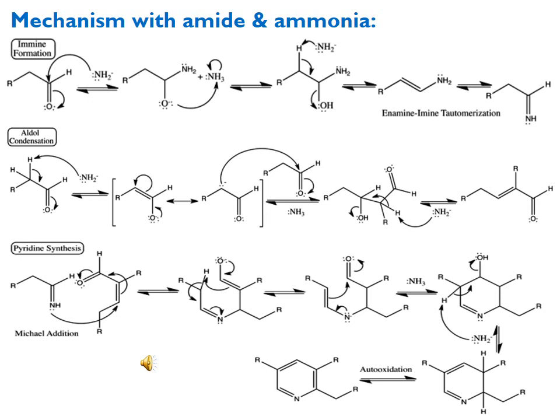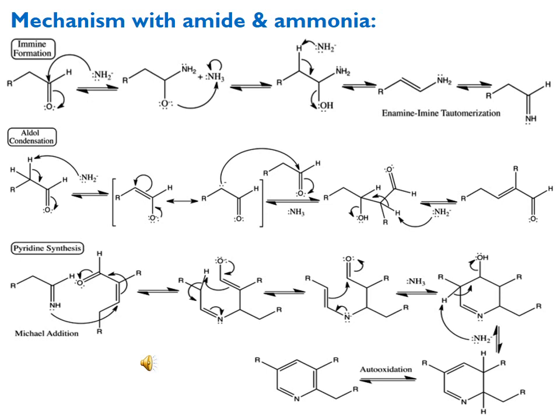This negative charge moves back, the double bond acts as a nucleophile base and abstracts the proton from the beta position of the imine, and then we get the double bond here, and nitrogen gets its lone pair back.